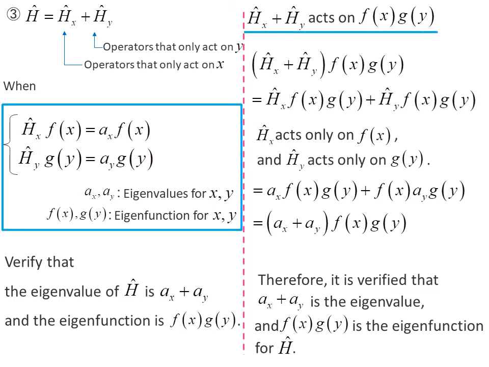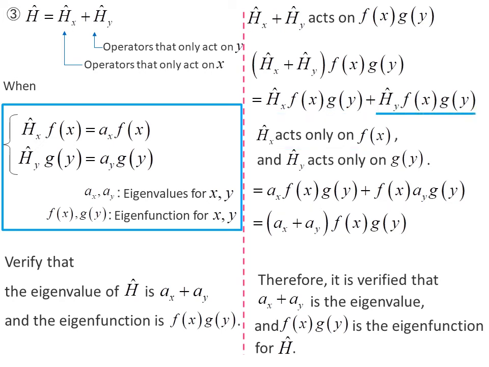We make h act on the product function f(x)g(y). There exist two terms: one is that h_x acts on f(x)g(y), and the other is that h_y acts on f(x)g(y). Consider the first term. The operator h_x acts only on x and has no effect on y, therefore g(y) is treated as a constant for h_x, which yields a_x f(x)g(y).